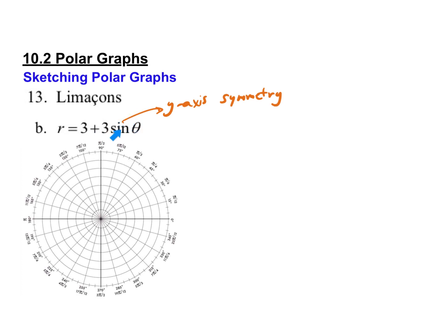Because when is sine 0? Pi and 0, okay? So let's focus on those first. Those are easy ones to deal with. So when theta is 0, when theta is pi, the radius is 3, since there's no number inside there with theta.